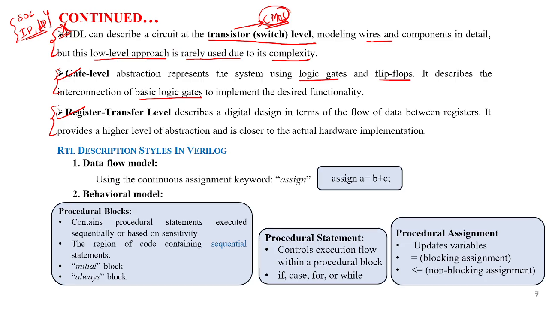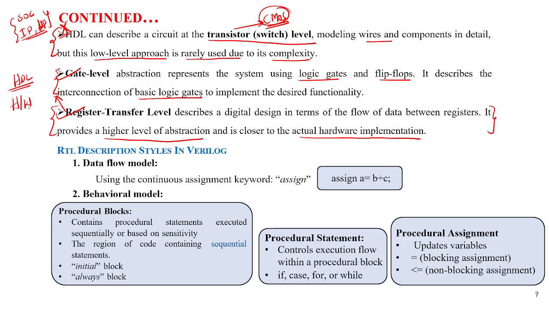When you convert your HDL code into hardware, many flops will be there, and it shows how data moves through different flops. That is nothing but hardware. This is closer to the actual hardware implementation, so by using RTL only we can convert HDL into hardware.